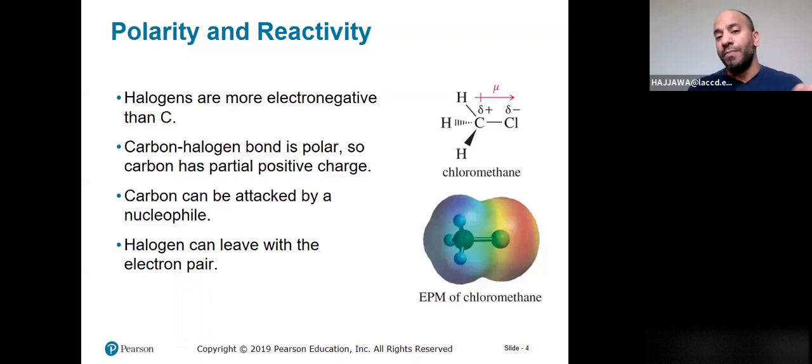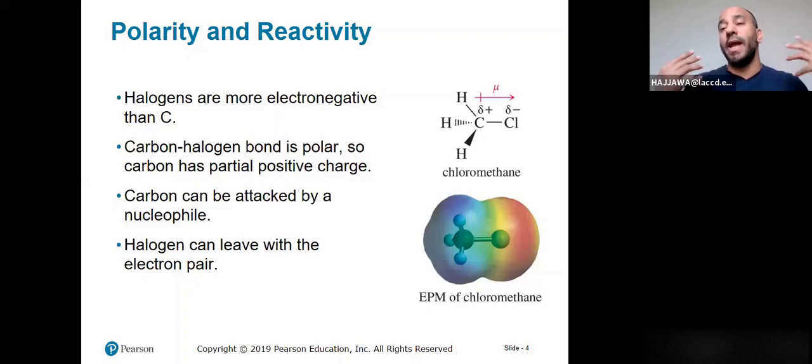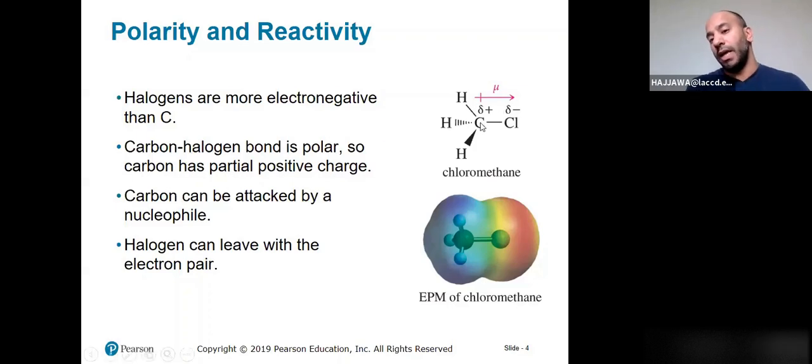What is that supposed to mean? That means we're going to see those alkyl halides reacting as electrophiles due to the electrophilicity of the carbon attached to the halide. And that's where the nucleophile is going to come in and attack, and that will allow the halide to leave.